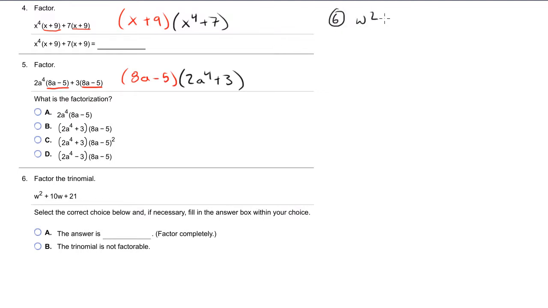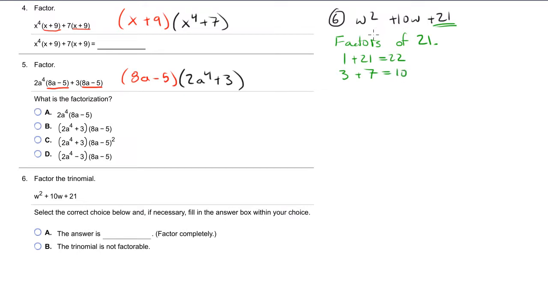We've got w squared plus 10w plus 21. And what we're going to do here is use our pull apart factoring, and we're going to look at factors of 21. Now, we've got 1 and 21, but they add to 22. We've got 3 and 7, and they add to 10.